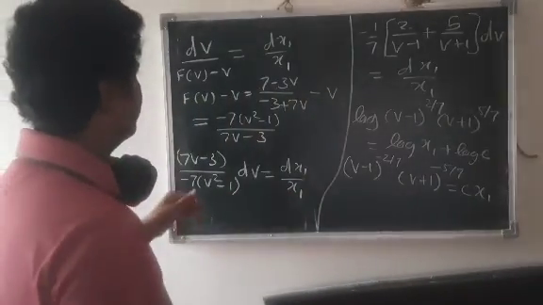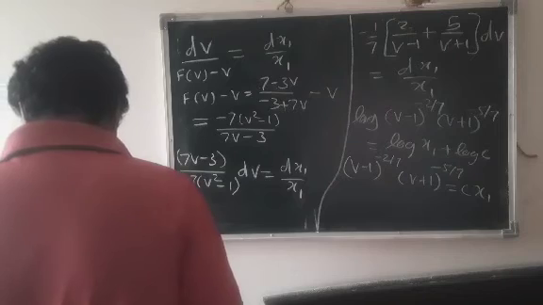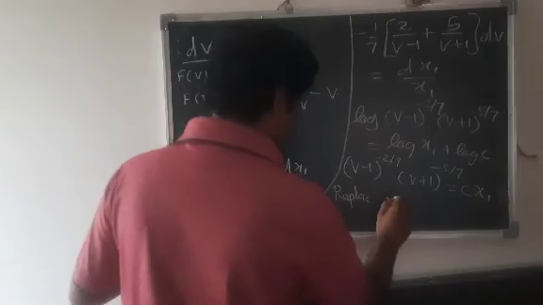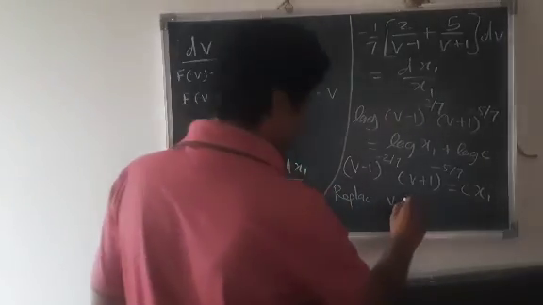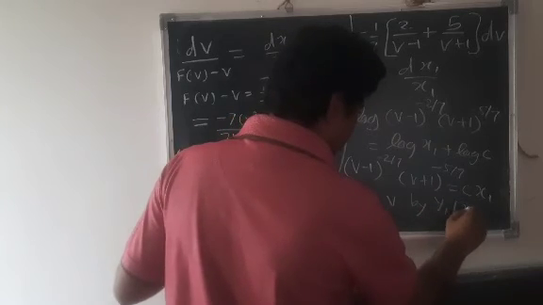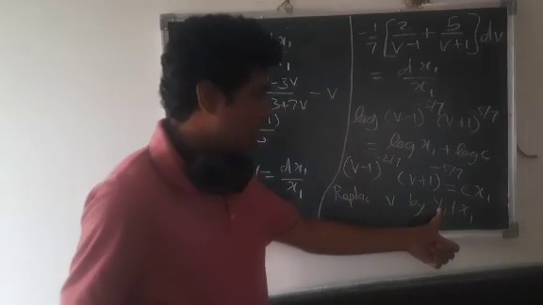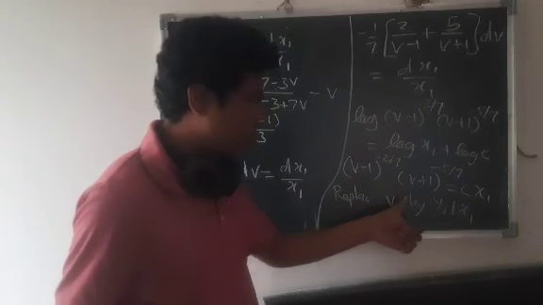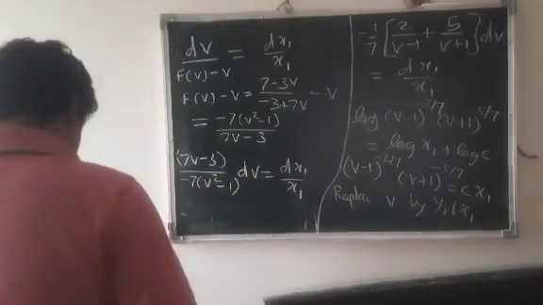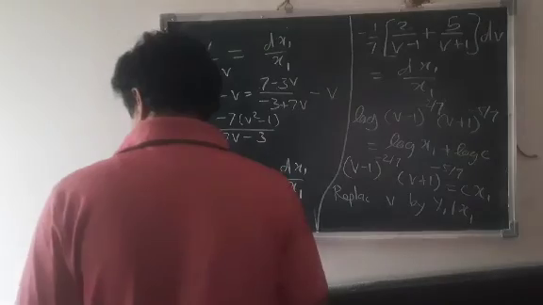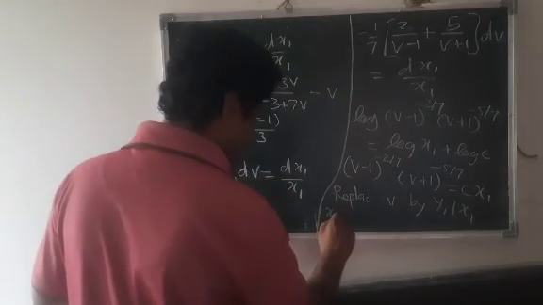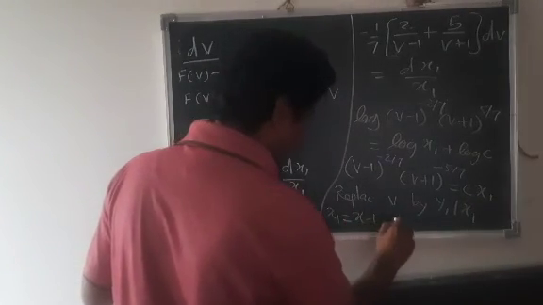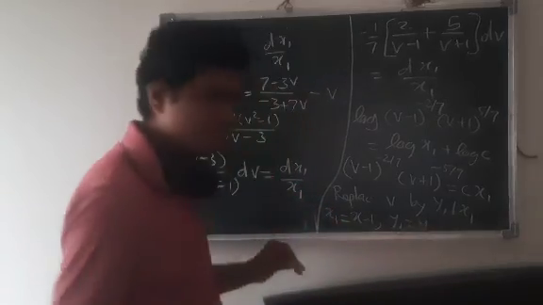Now we substitute back. We substituted y1 equal to vx1. Now we back substitute, so we replace v by y1 by x1, and also we substituted x1 as x minus h, that is x minus 1, and y1 by y, because k is 0.